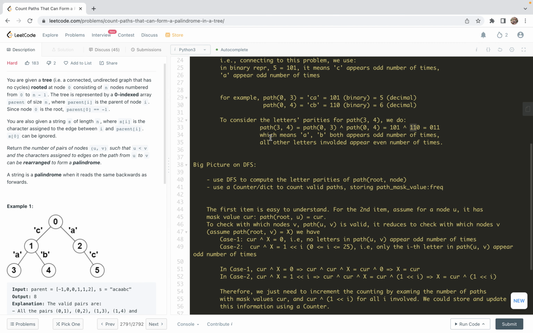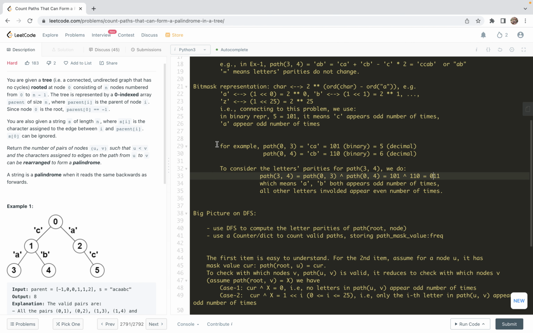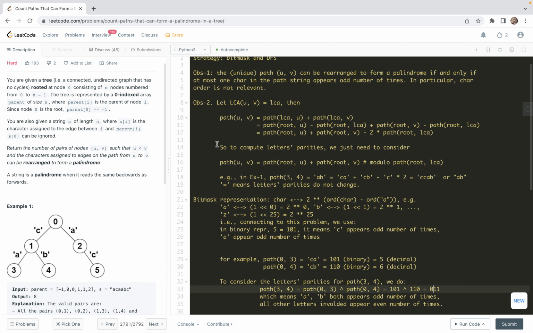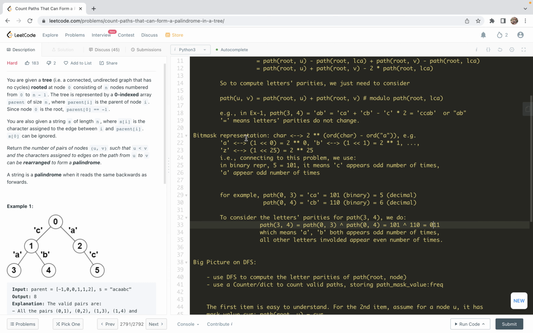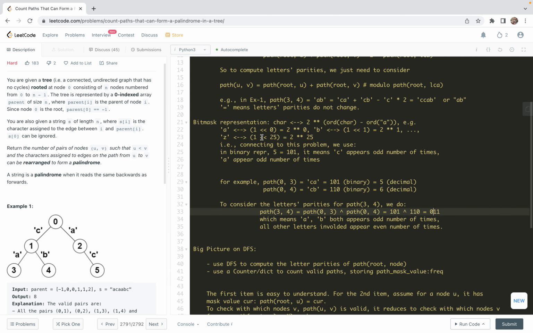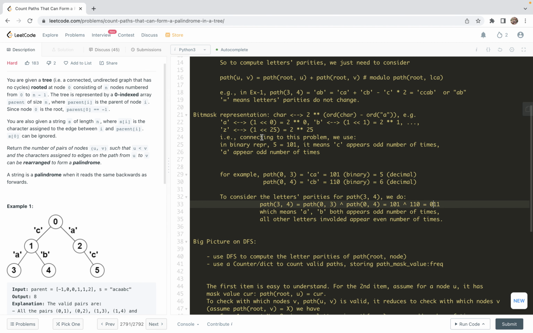So this means in the path 3 to 4, the letter A appears odd number of times, and letter B appears odd number of times, right? Because there are two letters appearing odd number of times, this path cannot be rearranged to be a palindrome. So this is basically the ingredients we are going to use for the bit mask representation in this problem to check the parities of letters in a path.